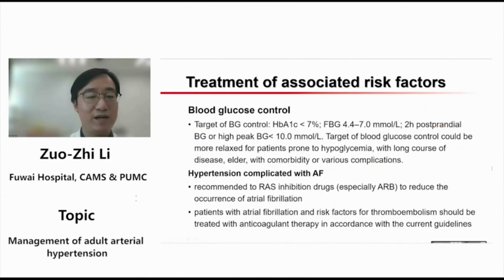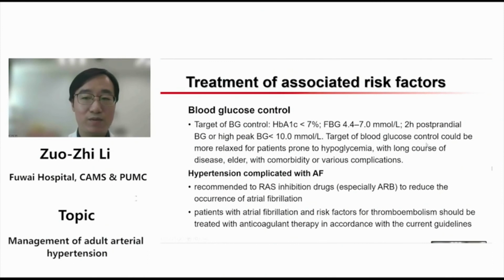Also, in patients with diabetes, the target blood glucose control level is a fasting blood glucose between 4.4 to 7 millimole per liter, or a 2-hour or peak blood glucose below 10.